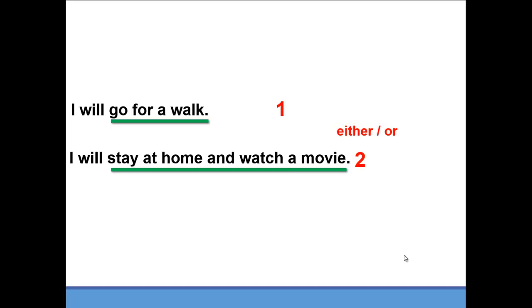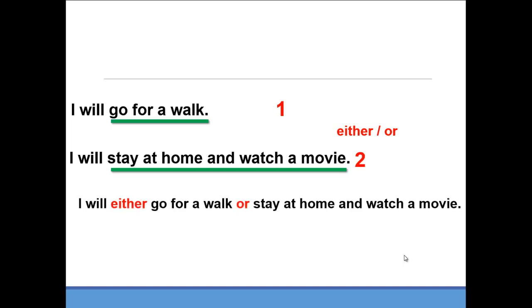So how are these two parts of the sentence going to be joined together, or connected? We will use the conjunction either before the first part, go for a walk, and the conjunction or before the second part, stay at home and watch a movie. The sentence is going to be: I will either go for a walk or stay at home and watch a movie.